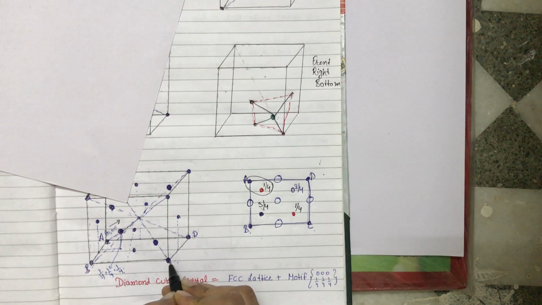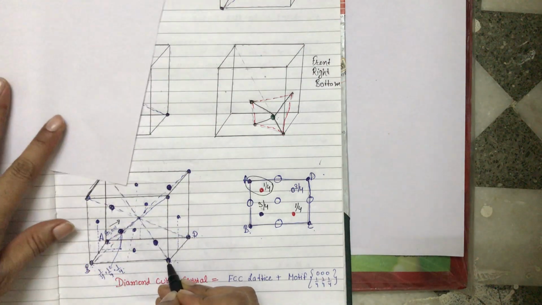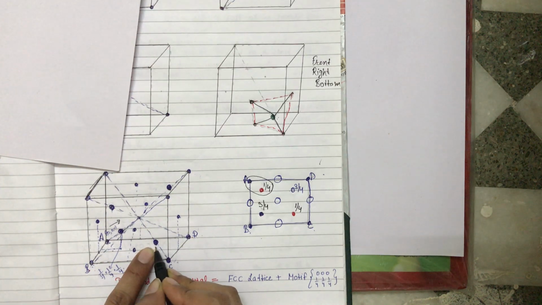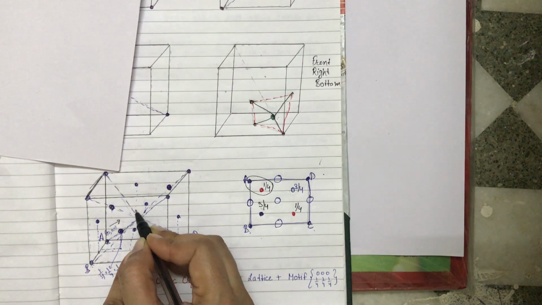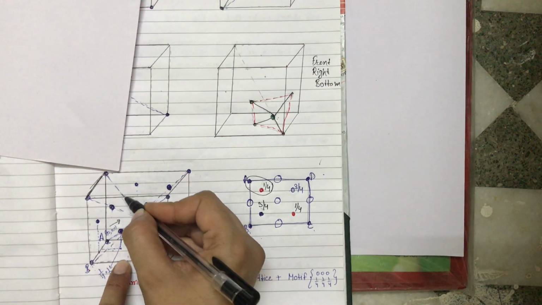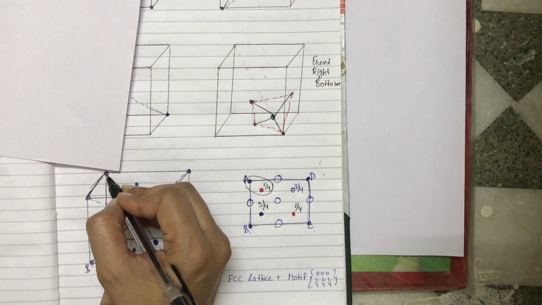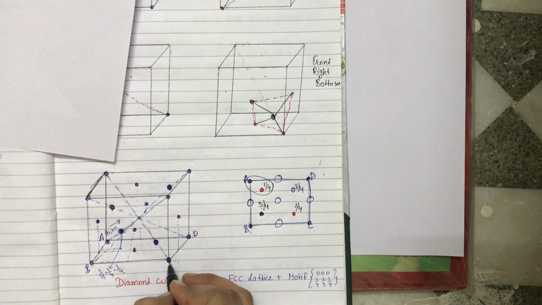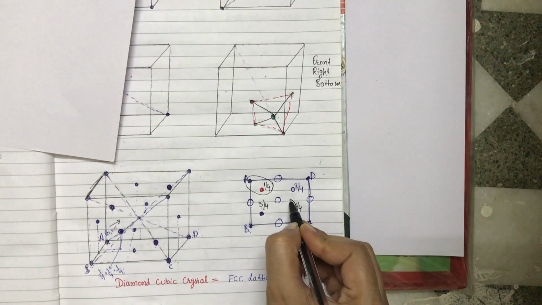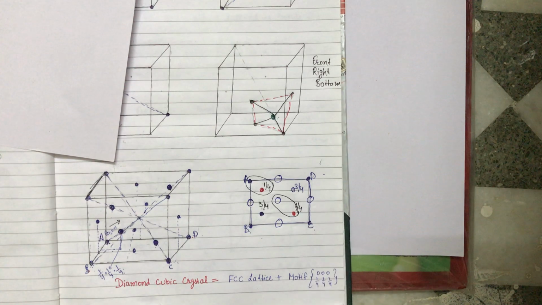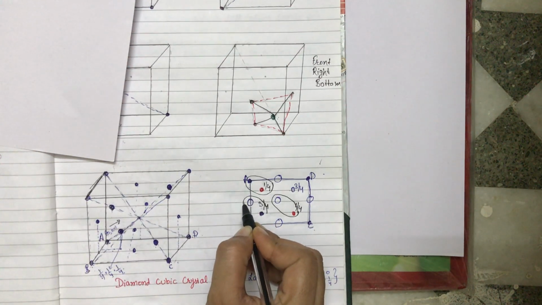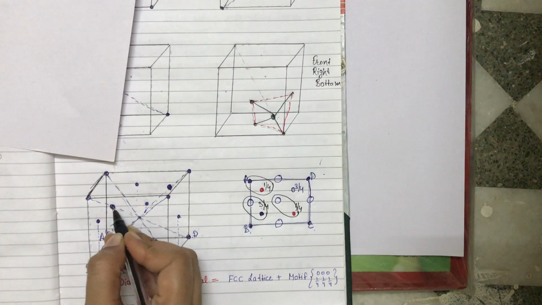Also you can mark this position. If we choose this origin, then if we move along this side, then along 1/4, 1/4, 1/4 there is a carbon atom located. But if we move further along this body diagonal, no carbon atom is located at this position or any other position after this. Another carbon atom is located at this corner of this unit cell. So this point is also a lattice point with the center one. Clear? And also if you choose this 3/4, then this is joined with this side face centered.